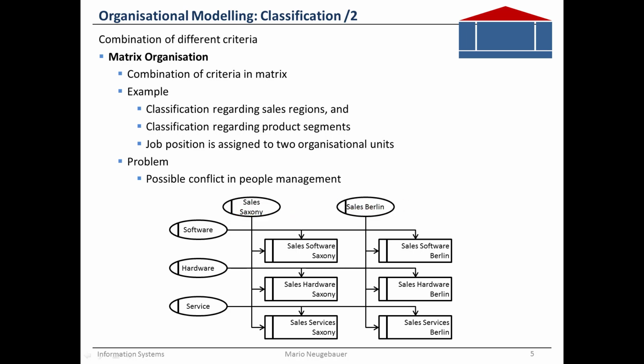So two different sales areas here, and you might require a combination between these two aspects, sales and technical aspects, to further develop your sales, or seen from the other side, to further develop your products and your services.